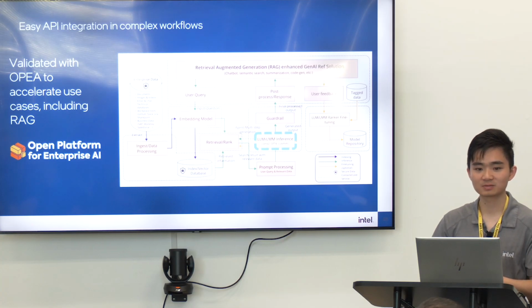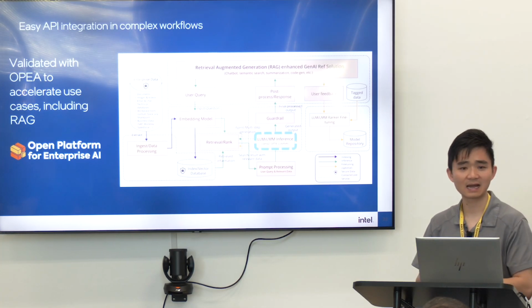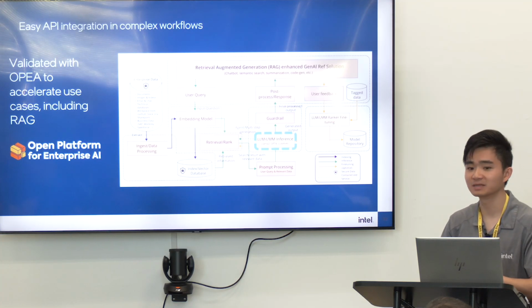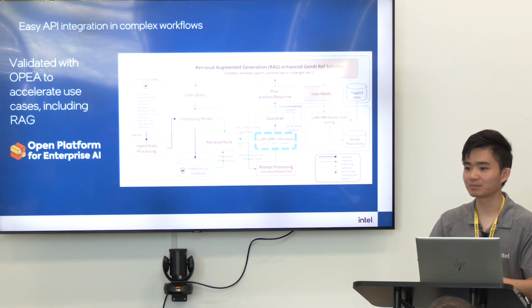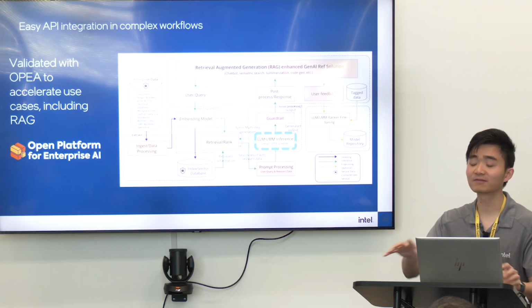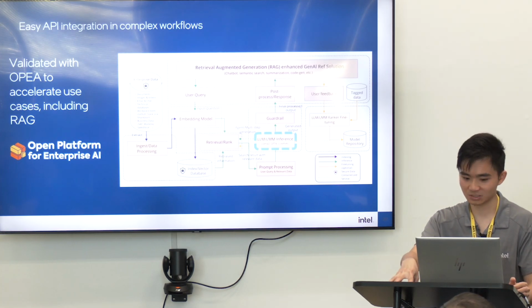The other examples include agent Q&A, AI avatar chatbot, document summarization, image generation. Different examples that are very popular today that leverage these microservices, so you can start there without having to start from scratch.